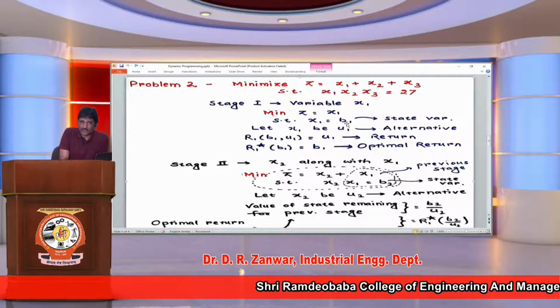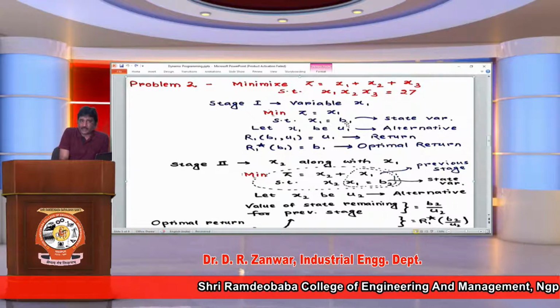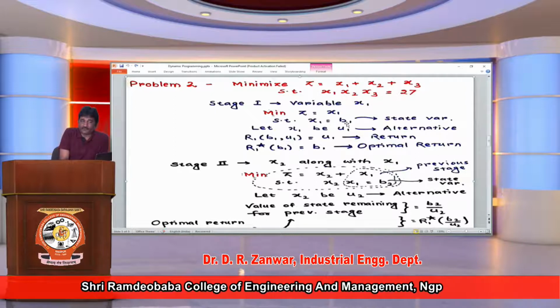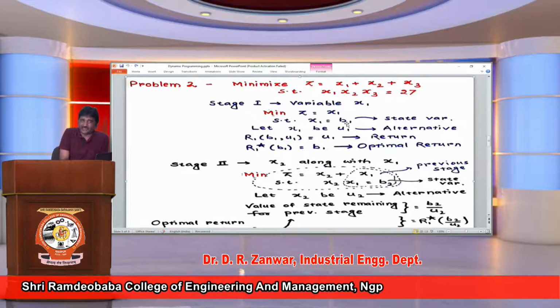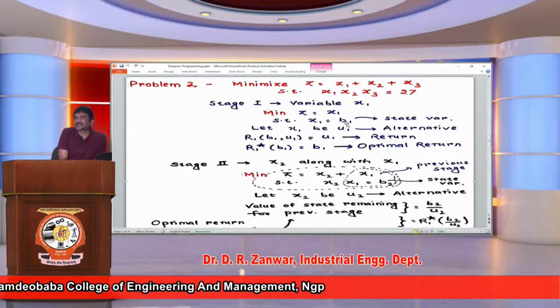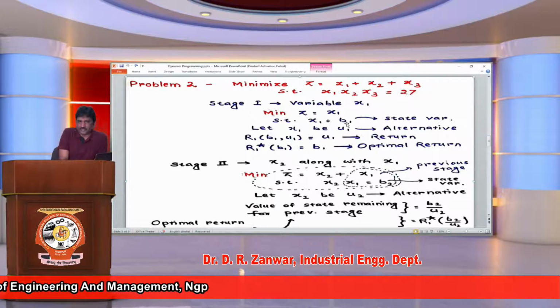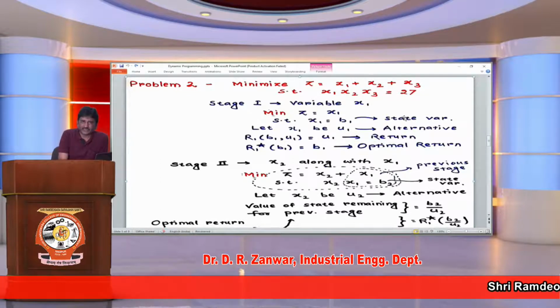So we have the right hand side for the constraint as b1. b1 will be a state variable. We have been saying that the assumed limit of the constraint we call a state variable. So here b1 is a state variable.